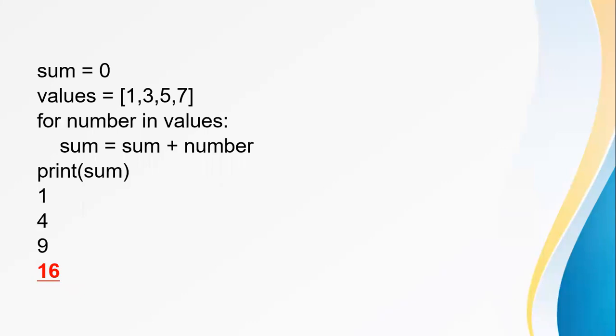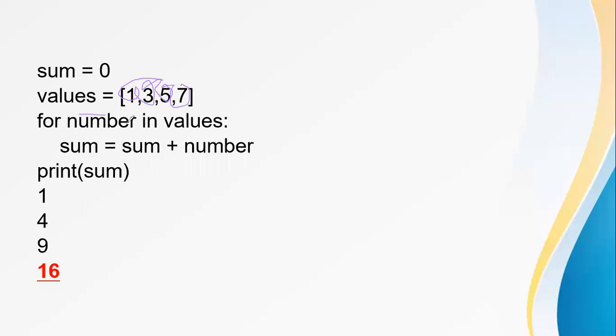So, iteration is now taking place through the elements in a list. This is what I want to tell you. The first point is that Python will take each element from the list, because I'm saying the number is from the values.